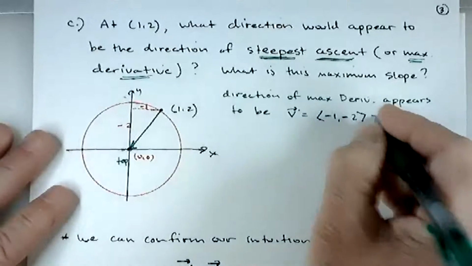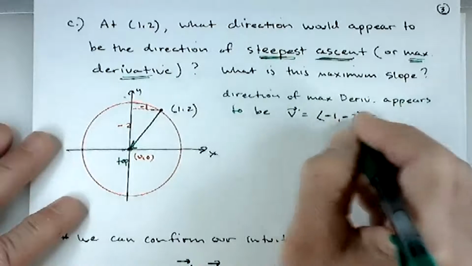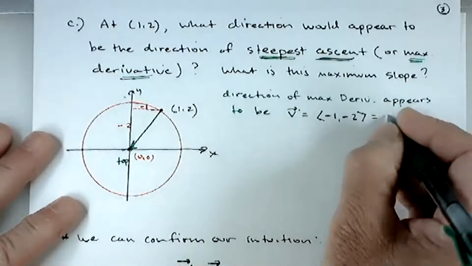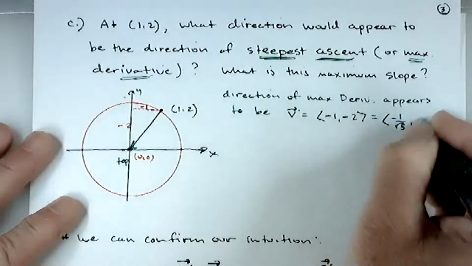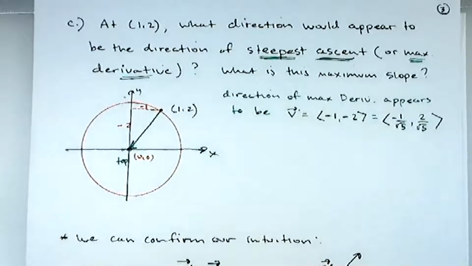If I unitize this, I'm hoping by now you can do this in your head. The square root of this square plus this square would be root 5. So this would be -1 over root 5, -2 over root 5, if I wrote it as a unit vector.